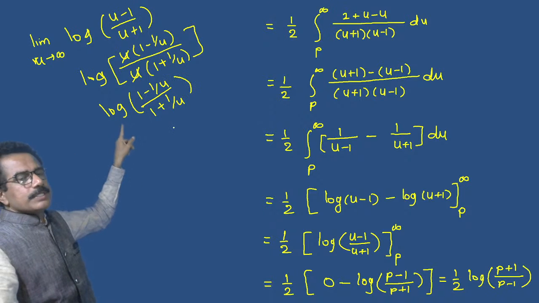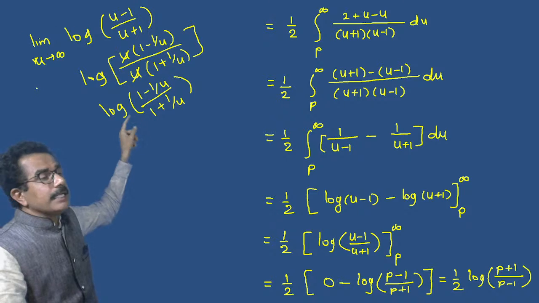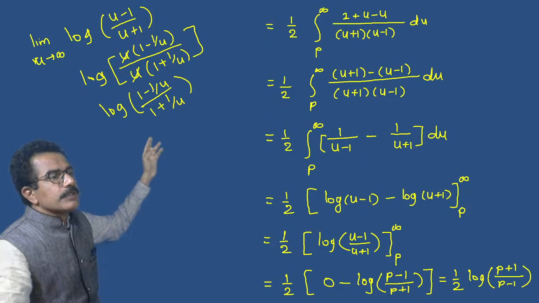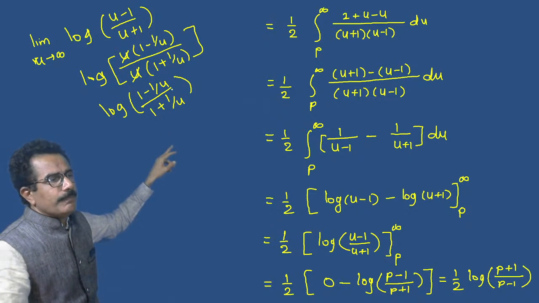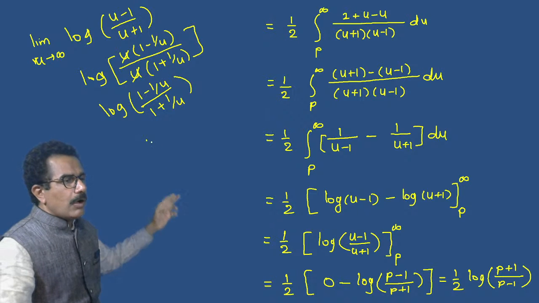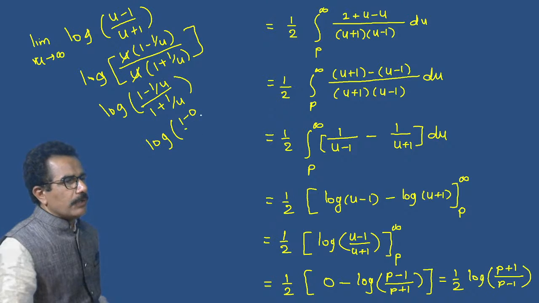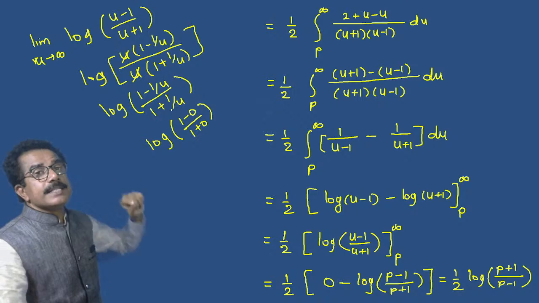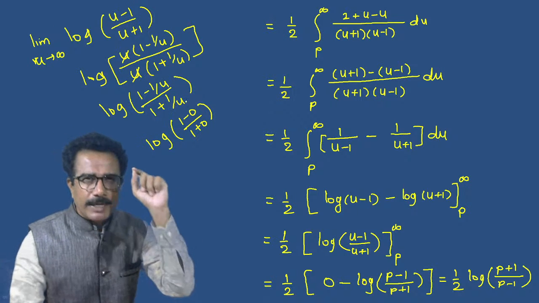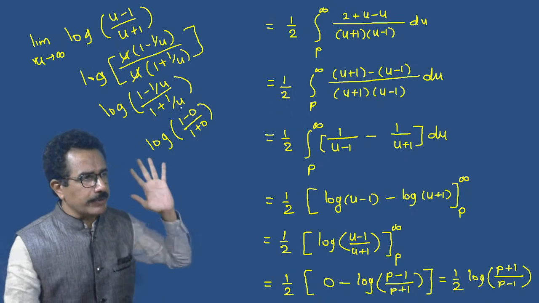Now we can use limit here. What is the limit? Limit u tends to infinity. So 1 by infinity means 0. Log of 1 minus 0 divided by 1 plus 0. If we apply limit as u tends to infinity, then 1 upon u tends to 0.